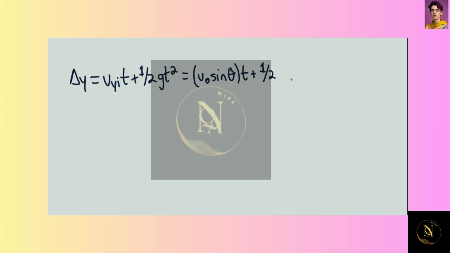So here, essentially, we have an equation for the horizontal position and the vertical position. Now, we can say that delta y is equal to v_y initial times t plus 1/2 g t squared. And then similarly, this is going to equal v initial sine of theta times t plus 1/2 g t squared.